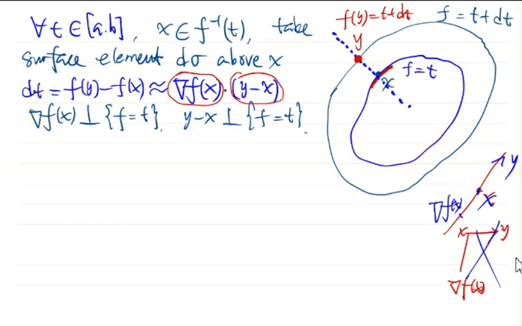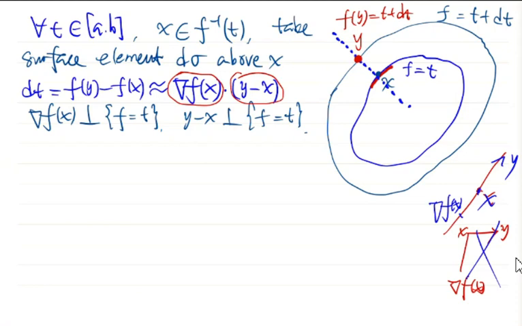Okay, so this implies that these two vectors have the same direction, lying in the same line. Therefore, the absolute value of their inner product equals the multiplication of their norms, right?